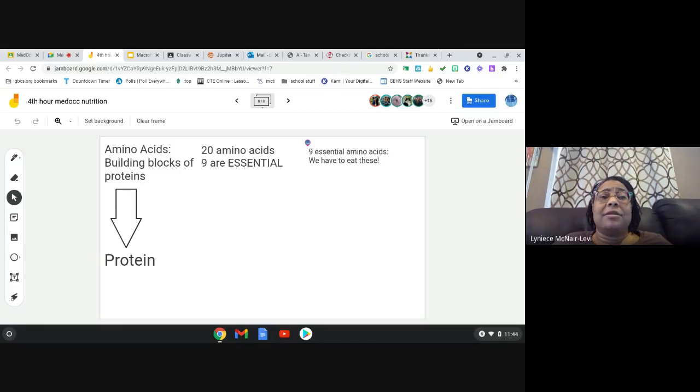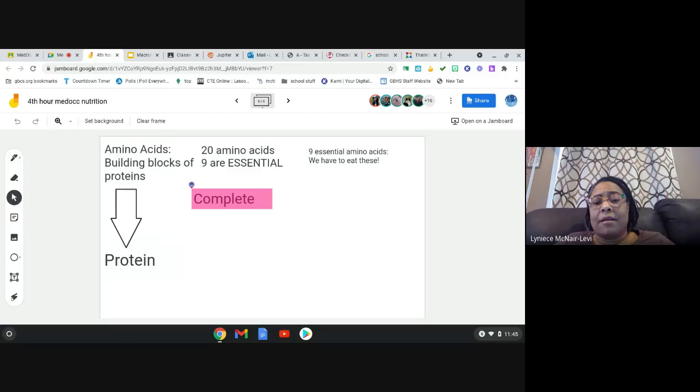And they are essential because we must have them in our system in order to build the rest of these proteins that are important also. When we're talking about proteins, there are 2 types that we are going to be discussing. There are complete proteins, as well as incomplete proteins.